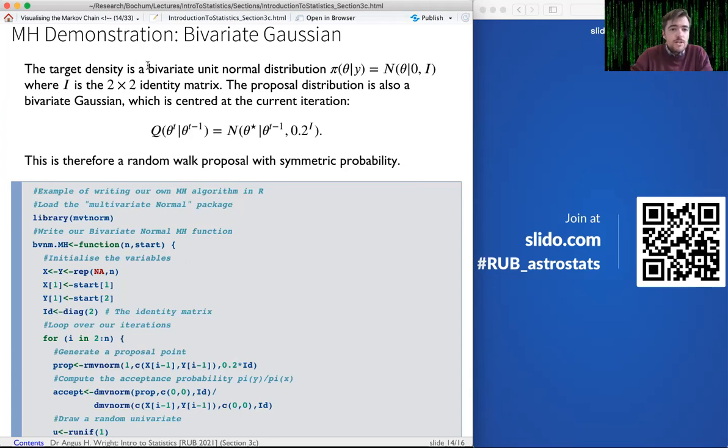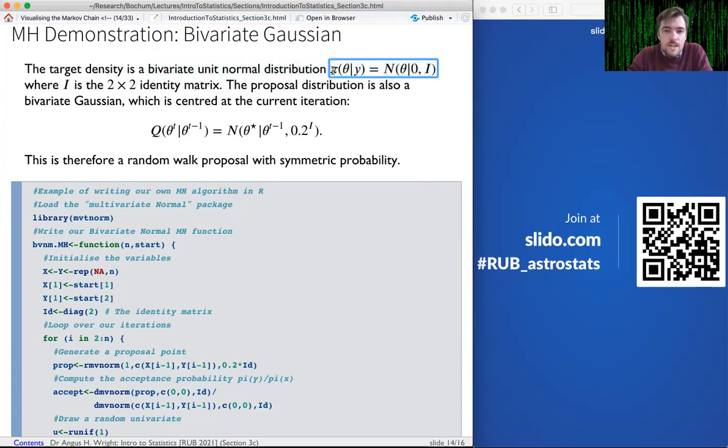So what we're going to do is start off by generating a bivariate normal distribution, like we've played with before. The target distribution is trying to figure out the mean of the bivariate normal, given some known scatter, which is just an identity matrix.